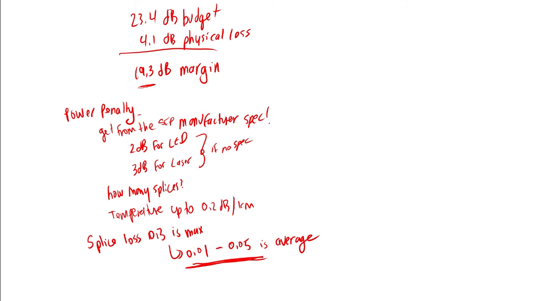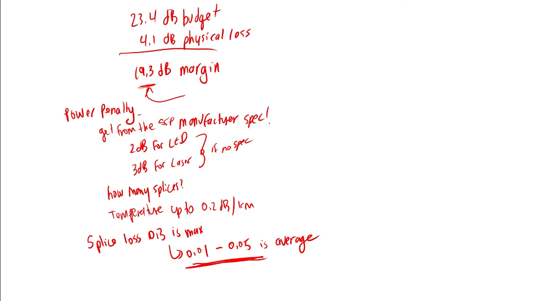So as I said, if we built a cable and the attenuation is more than the margin, this cable is going to fail. Simply not going to work because there's too much loss on the cable for us to be able to transmit a signal that will be readable on the other end.